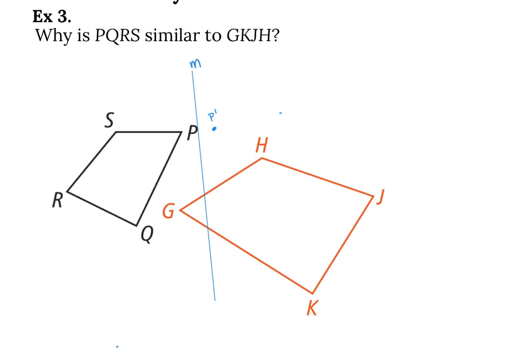Perpendicular bisector for R. 4, 5, 6, 7, 8. And okay, right there. And finally Q. Okay, so I've got my 4 points for my reflection.